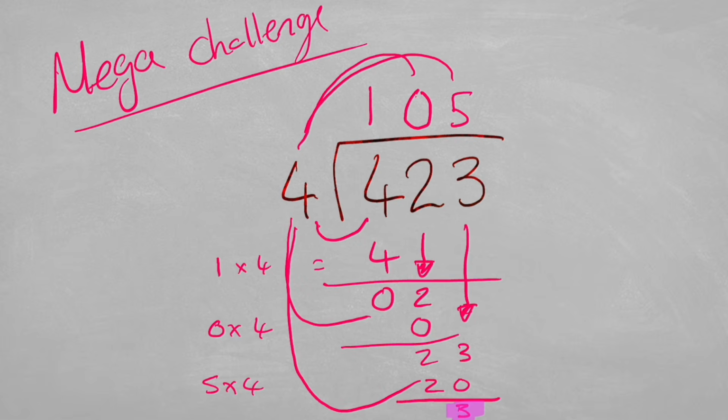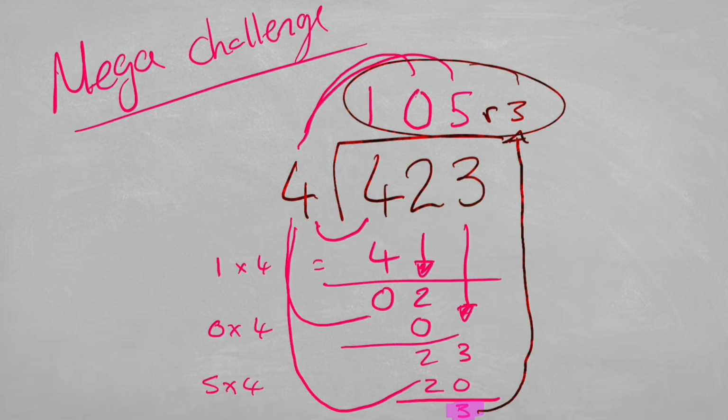I have a 3. So what do we do with the 3? Well, because we have nothing else to do, we're going to bring it all the way up to our answer, and we're going to put remainder 3. And we can leave our answer like that. So 423 divided by 4 is 105, remainder 3.